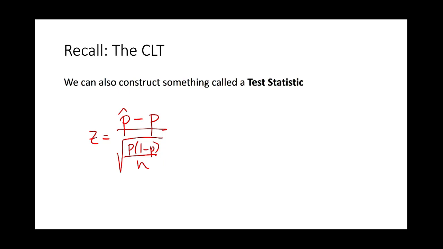And what happens is the assumption is that we work under the null hypothesis. And so we don't actually need to know the population proportion because we're working under the assumption that they're telling the truth.